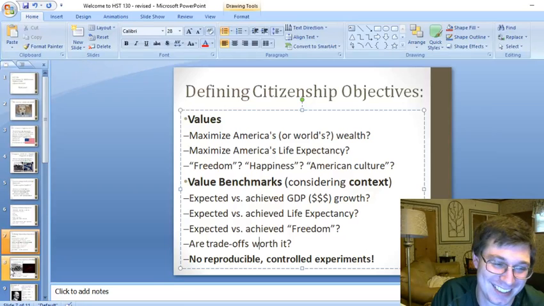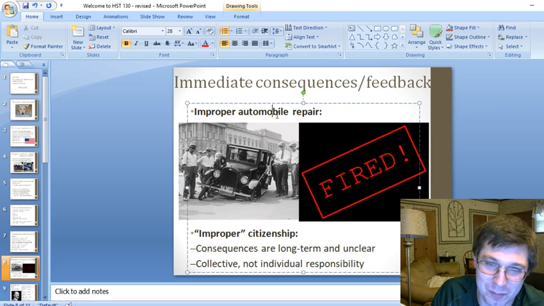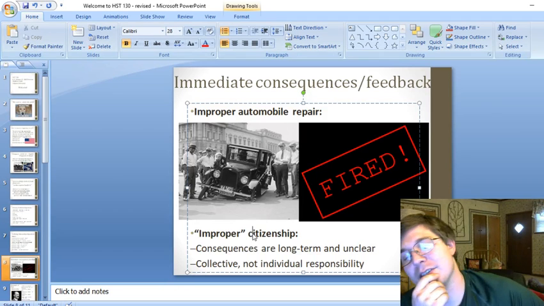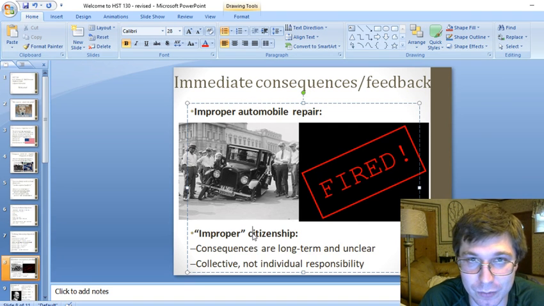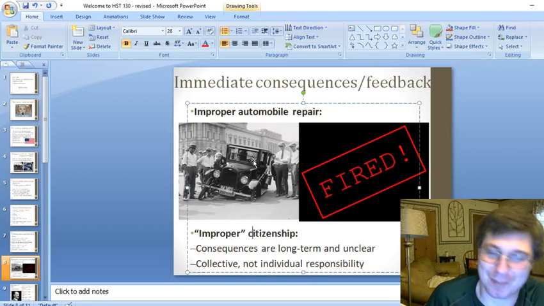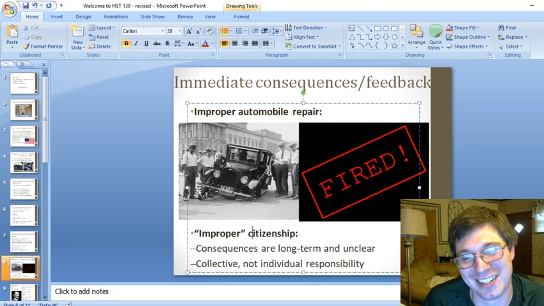So it's tricky, right? Another difference between citizenship and automobile repair is that automobile repair will tend to give you more immediate feedback of whether you're doing it right or not. So let's say OTC does a horrible job in training its students in automobile repair. They go out into the workforce, and the cars that they work on end up looking like this after they drive out of the service station.